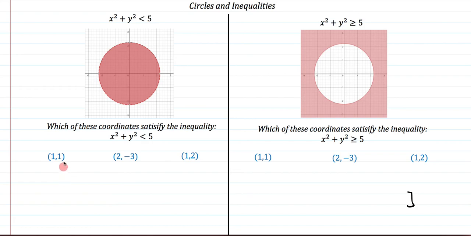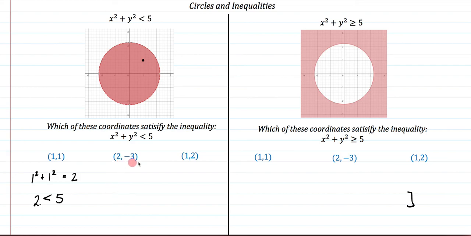And this makes sense when we start subbing in coordinates which satisfy this inequality. For instance, 1 squared plus 1 squared equals 2, and 2 is less than 5. If I now come here and put in 1, 1, you can see that it lies within the shaded region.